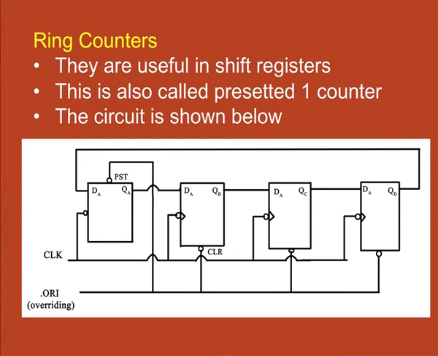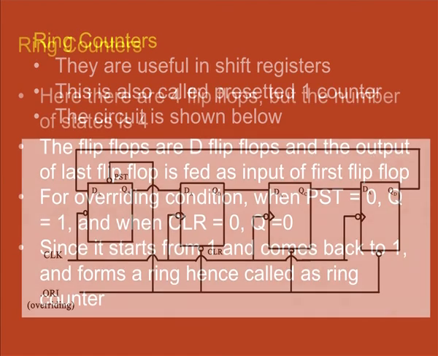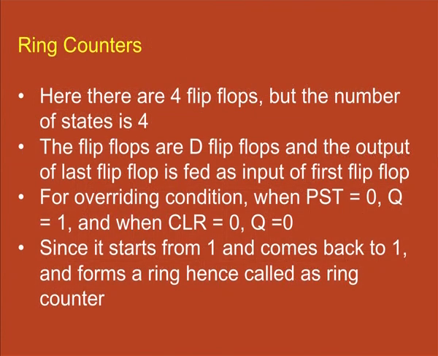The circuit for the ring counter is shown in this slide, where we have used 4 D flip flops, and there is an overriding condition, represented by ORI, which is connected to the preset of the first D flip flop.